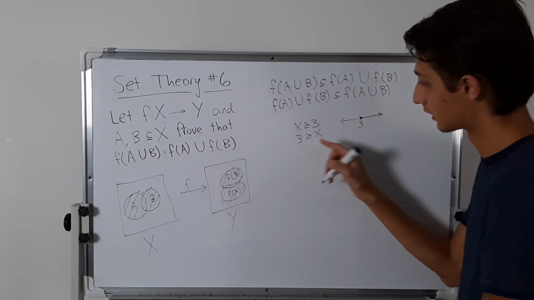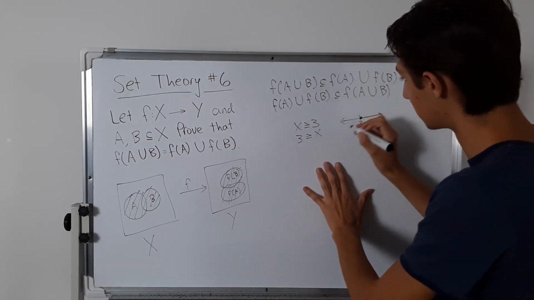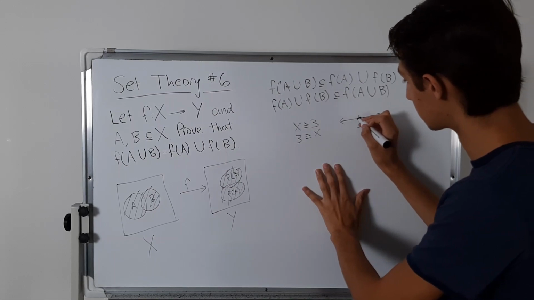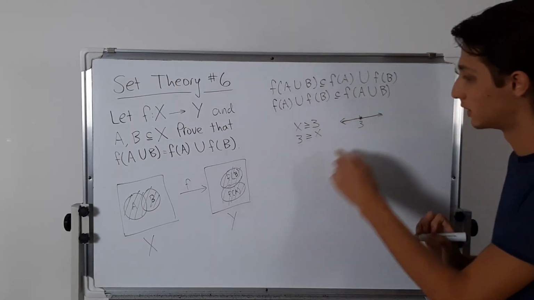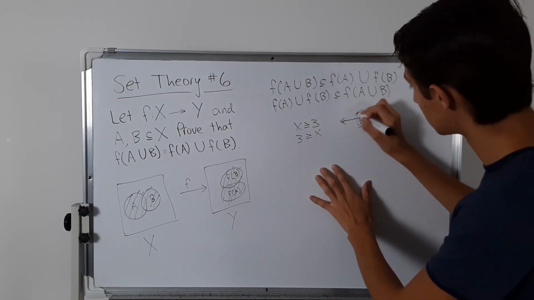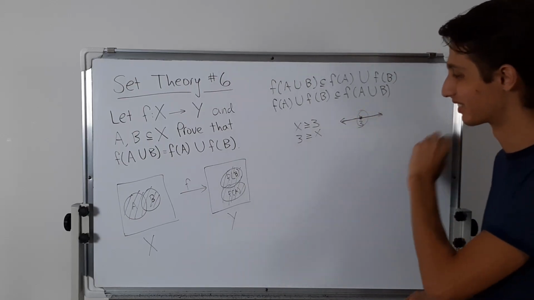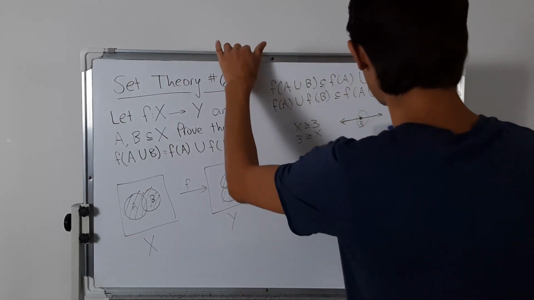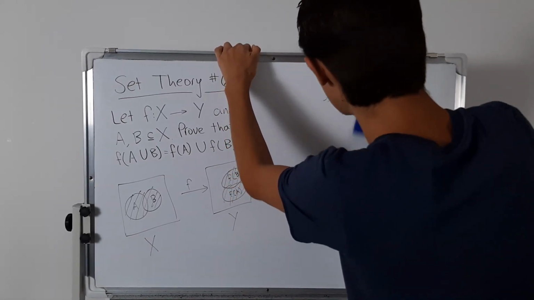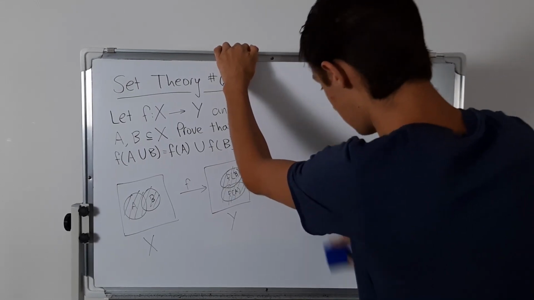But then we're also saying that 3 is greater than or equal to x, so in other words, x is less than or equal to 3. Then it's all these guys, including that guy in the middle. So then we know that x has to equal 3 in that case. That's kind of the same thing that's going on here. So we just have to show that they're subsets of each other, and that way it works.